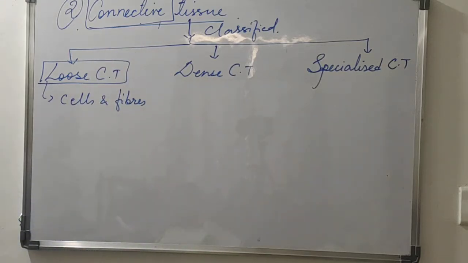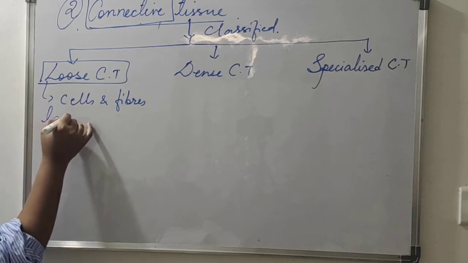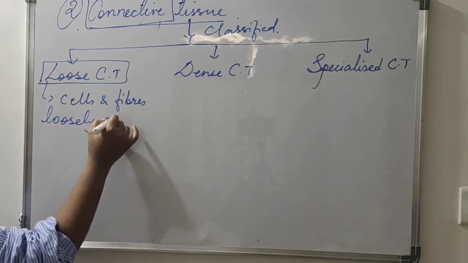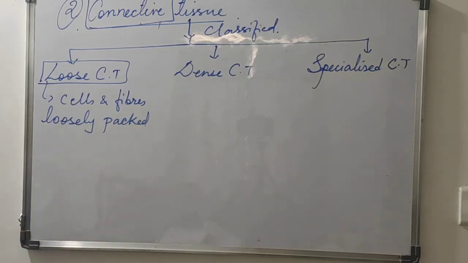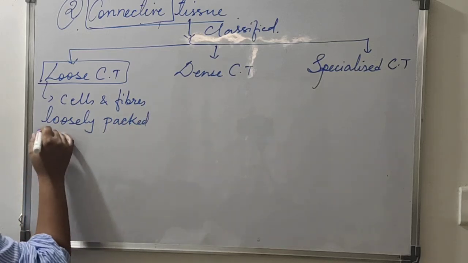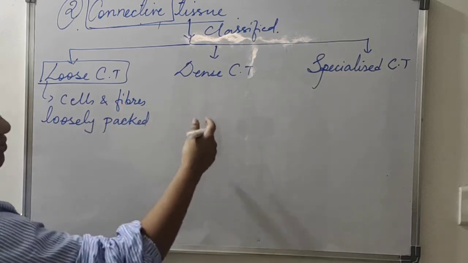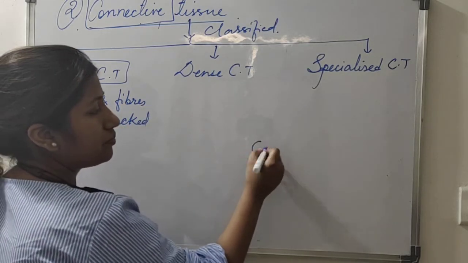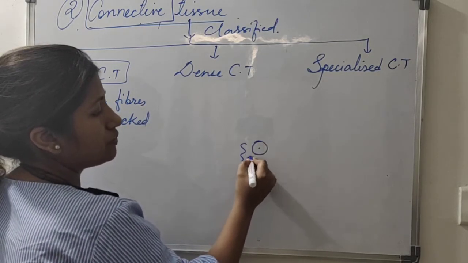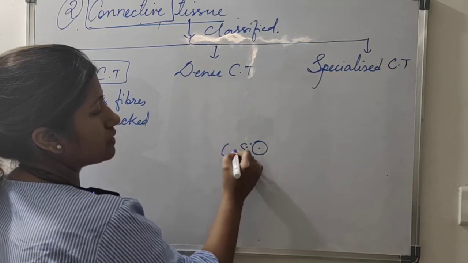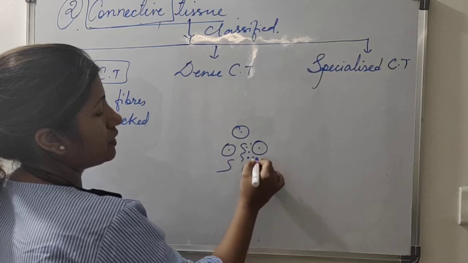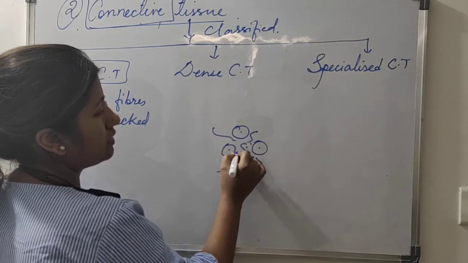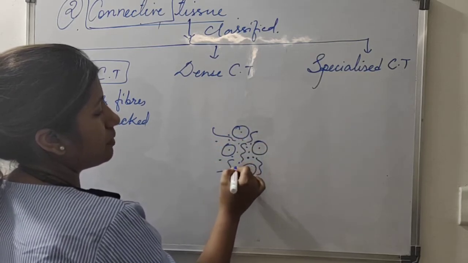Here cells and fibers are loosely packed, loosely arranged in a semi-fluid ground substance. We know the cells and fibers, just now we have drawn the diagram: cell, fiber, and in between there is a ground substance. There is a cell, there is a cell, and in between, fibers are arranged like this, and the ground substance is present.